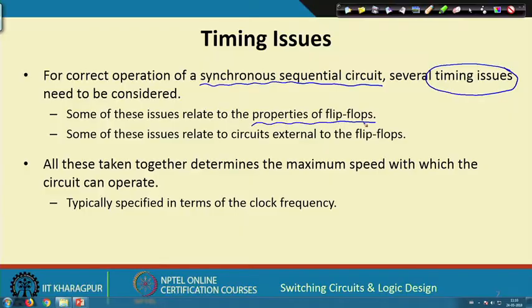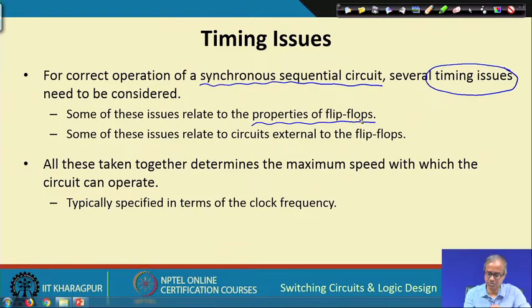Now, what is the minimum time duration before which the data should arrive, and only then the clock edge can come. Those timing constraints should be considered, and also after the clock edge comes, how much more time I should hold my input data steady, so that the data can go inside the latch without any problem. These are some issues which relate to the properties of flip flops, how fast they are and so on.